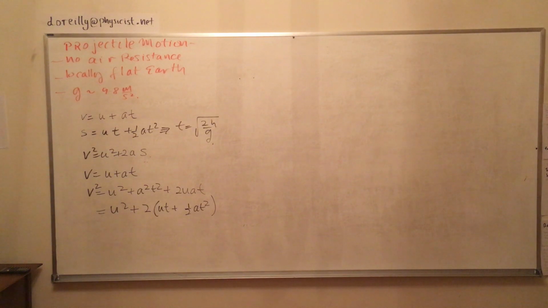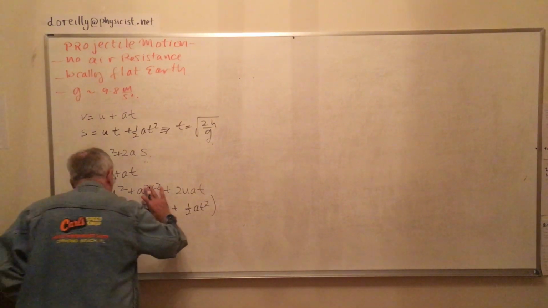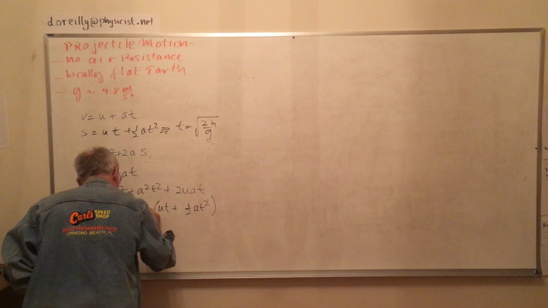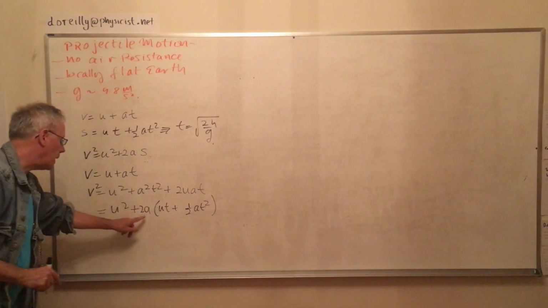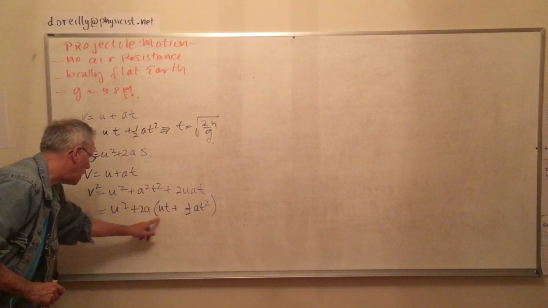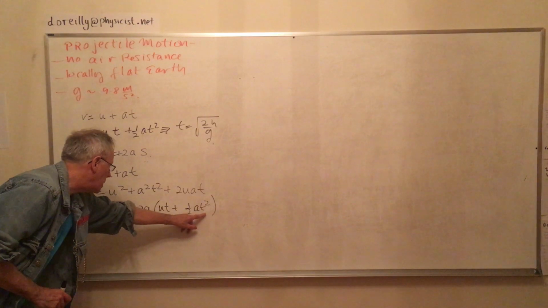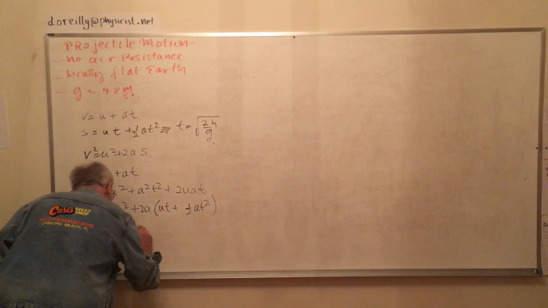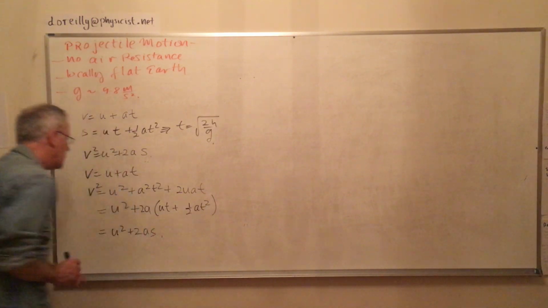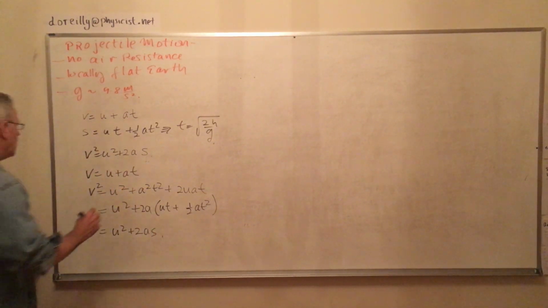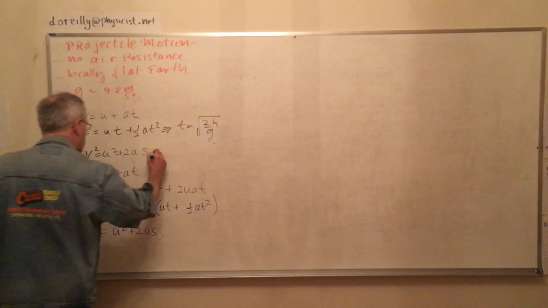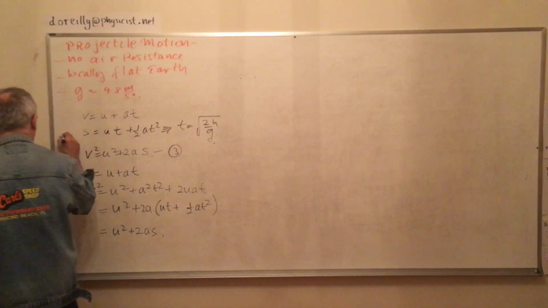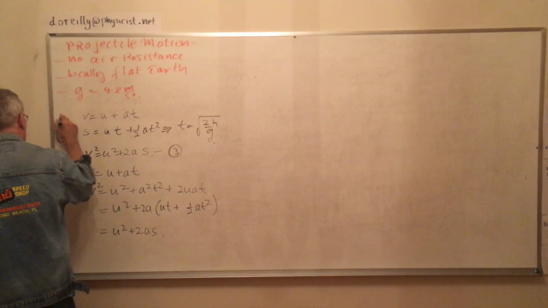Now, if I just take a common factor of 2a out of this one here, I can get 2a ut, there it is there, 2a squared t squared times a half, which is u squared plus 2as. Now that's how we derive the third kinematics equation. This one is number 3, this one is number 2, and this number is number 1.